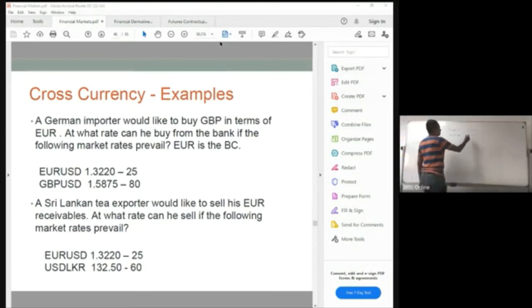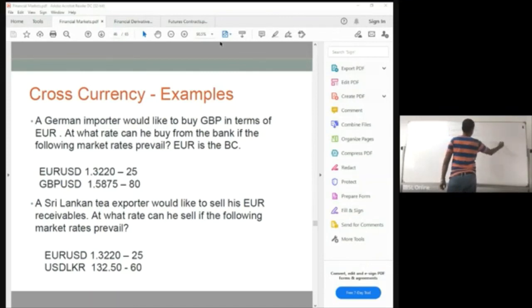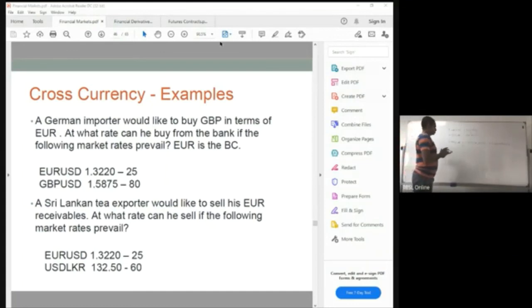When you multiply, you multiply straight. So it would be 132.20 into 132.50, and 132.25 into 132.60. That gives 175.16 and 175.37.